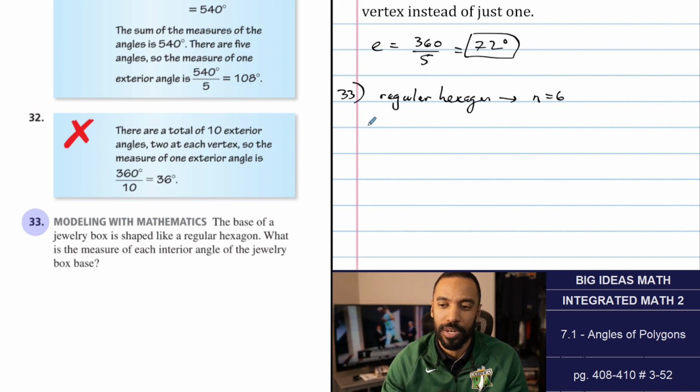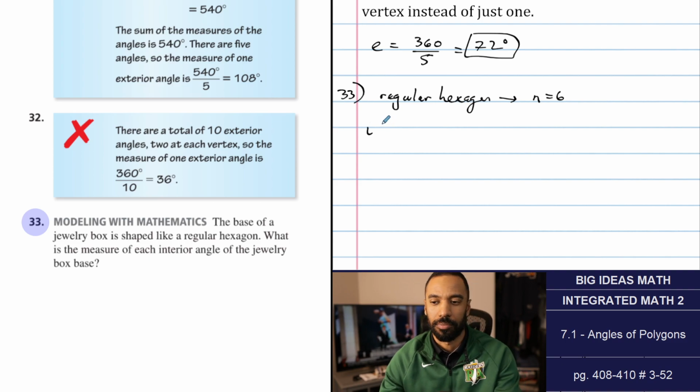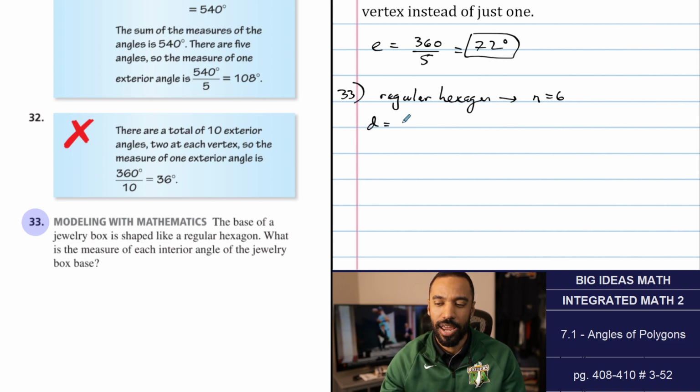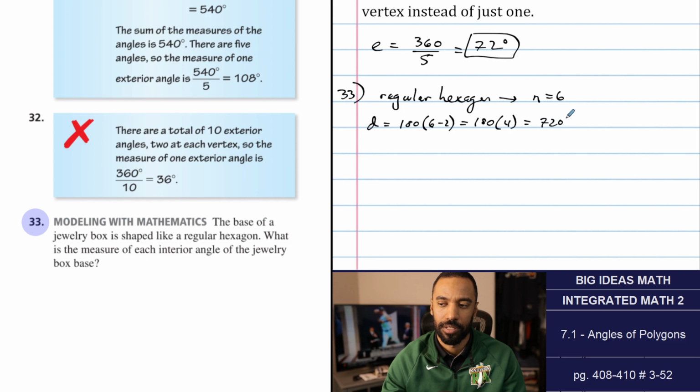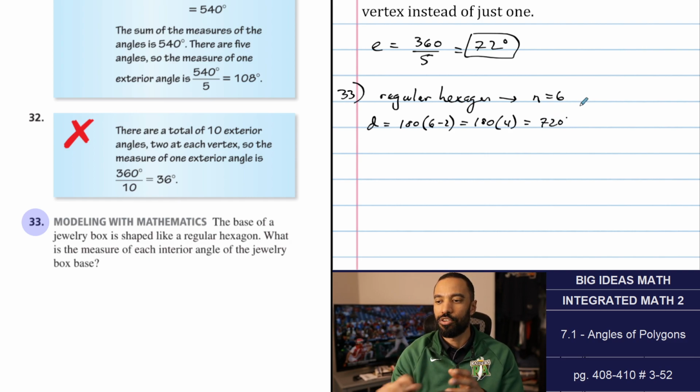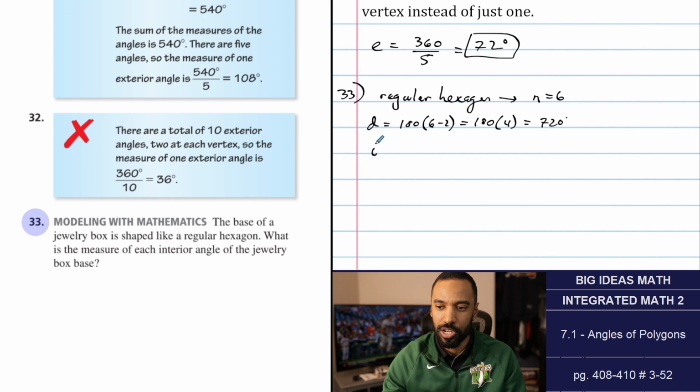Each interior angle, again, you can do one of 2 ways. I'll show you both. Let's do D first. D, the interior angle sum, is 180 times n minus 2, 6 minus 2, which is 180 times 4, which is 720. Boom. And then you find each interior angle measure.